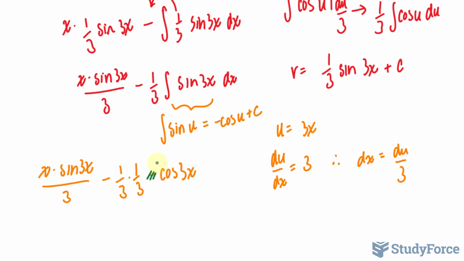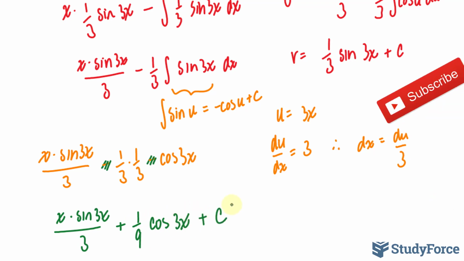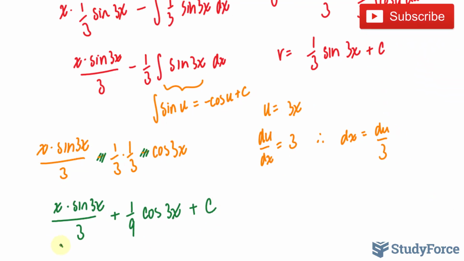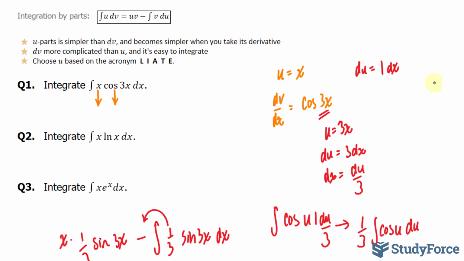This negative and this negative will multiply together, giving us a positive outcome, where we have x times sine 3x over 3 plus 1 over 9 cosine 3x plus c. That right there, this expression, represents the integral of question number 1.